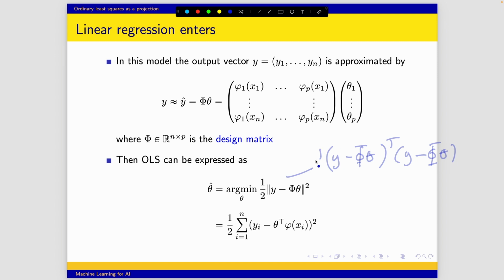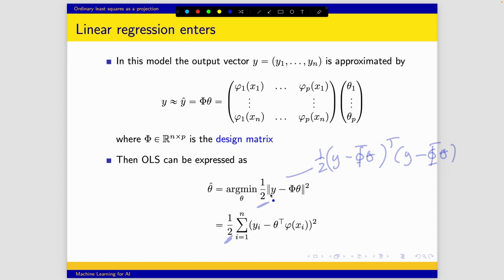Now we put a half in front of it, so this half here and this half here, because when we solve this, what we do is we take the gradient or the derivative in multiple variables, and that will cancel this half. We'll get a 2, which will cancel the half. So this half we put in by convention. It's just to make the algebra look a bit cleaner.